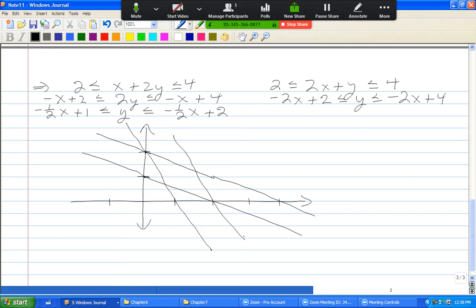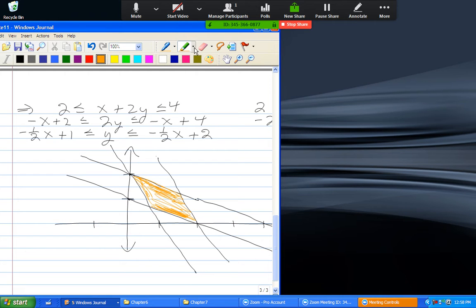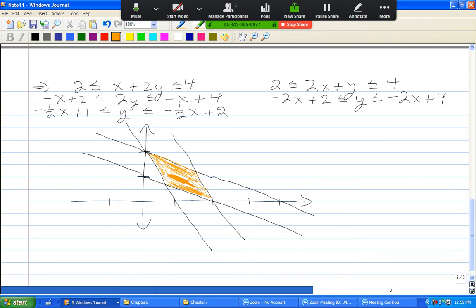Okay, so the feasibility region is in here. My feasibility region. Yeah. So here's my feasibility region.